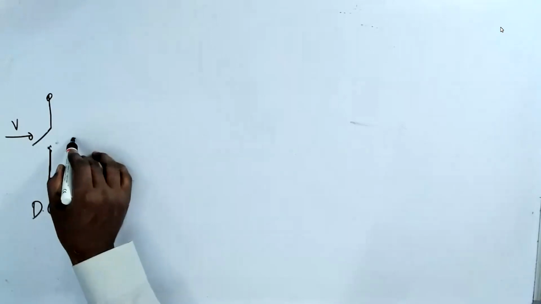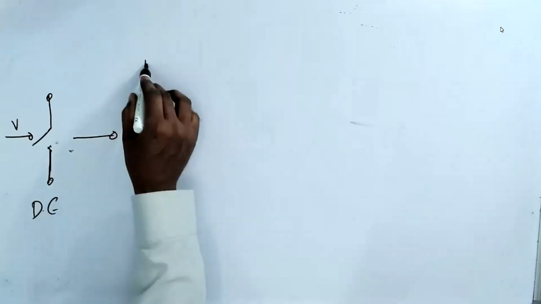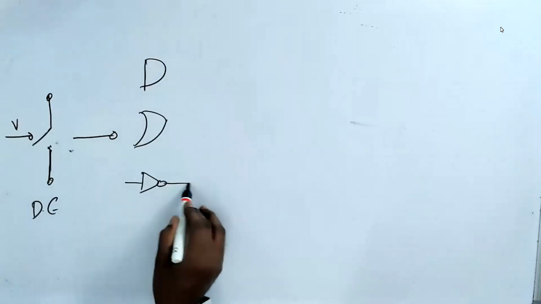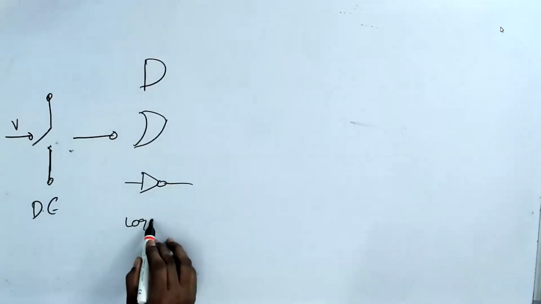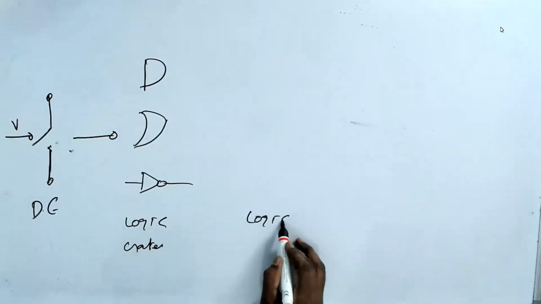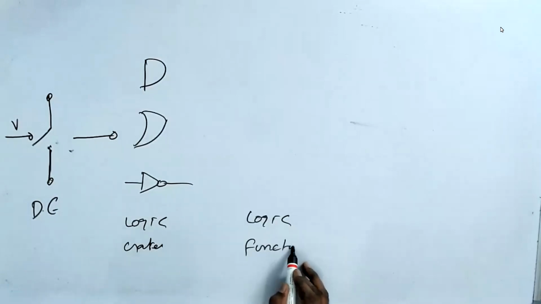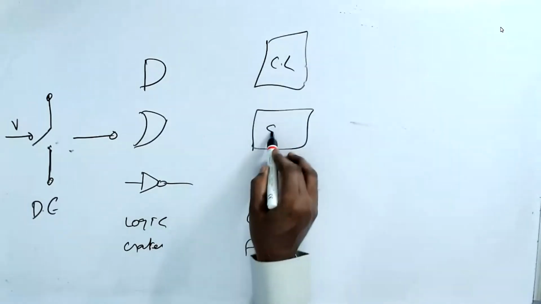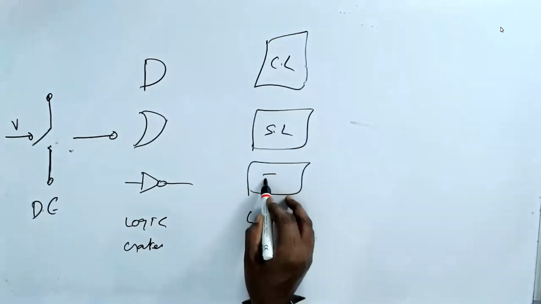In digital electronics, we put the logic gates and logic functions: combination logic, sequential logic, and tri-state logic.